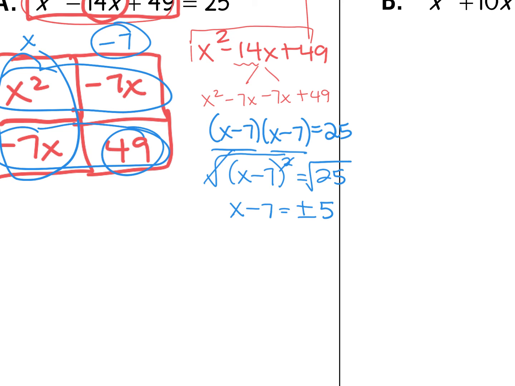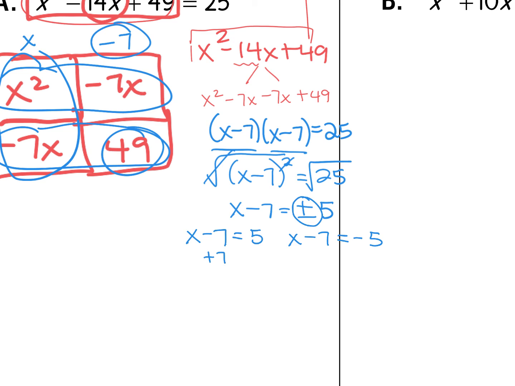We get plus or minus 5 there. If I separate out my solutions, I get x minus 7 equals positive 5, and x minus 7 equals negative 5. This plus or minus means there could be a positive 5 there or a negative 5 there.